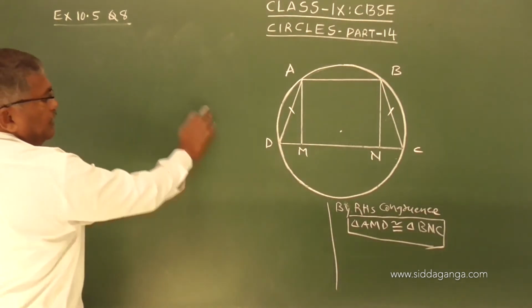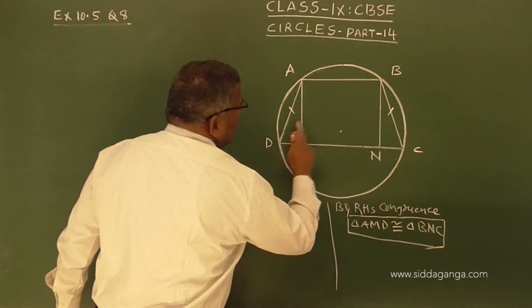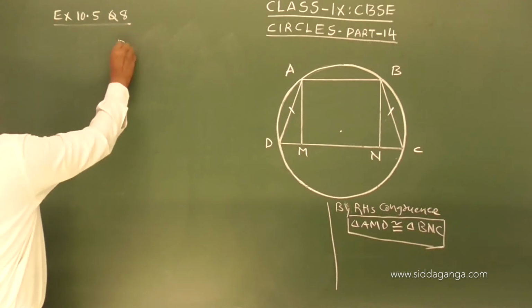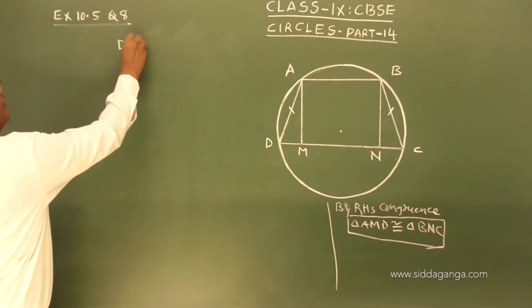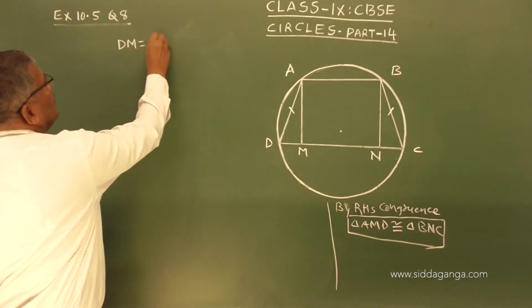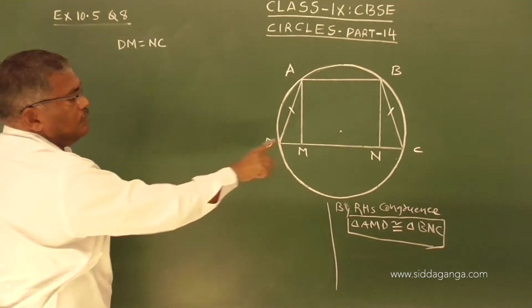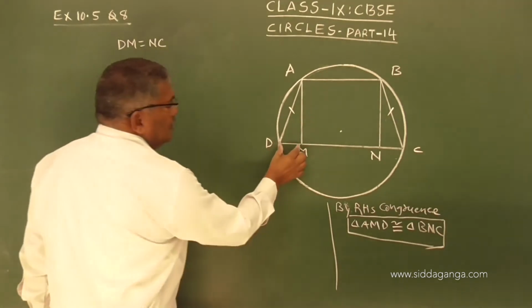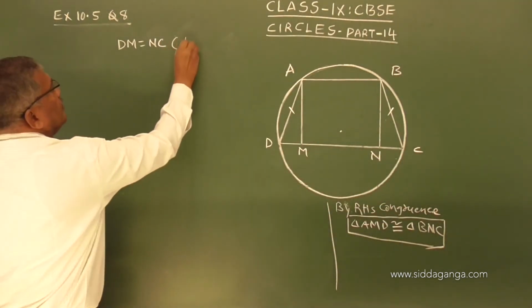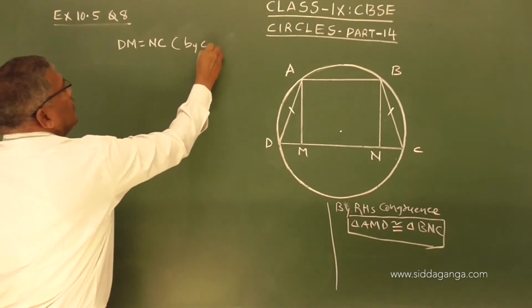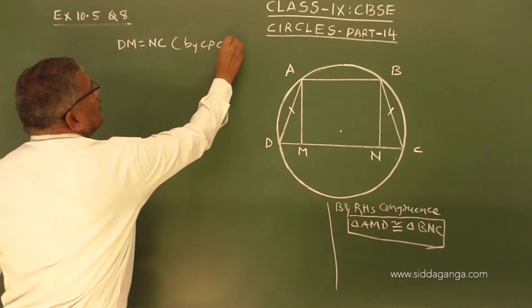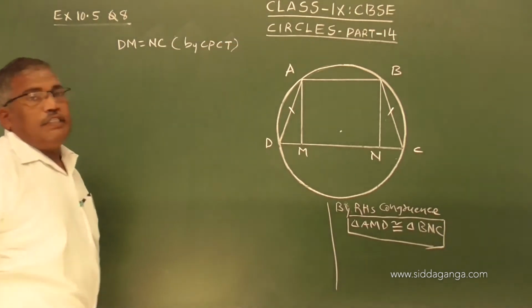Now, see, because these two triangles are congruent, we can say DM is equal to NC. This is equal to this by CPCT, corresponding parts of congruent triangles.